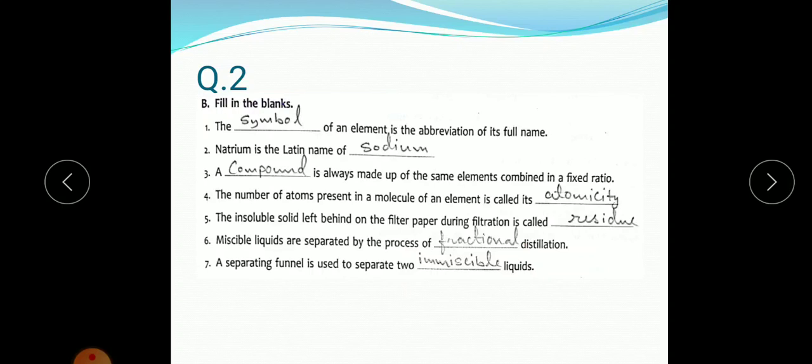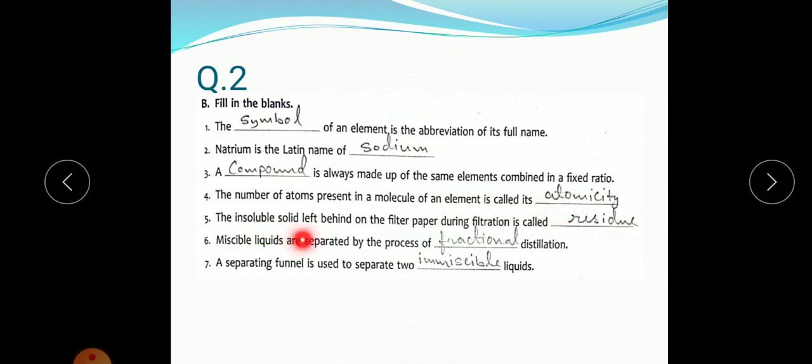Question number 2 was fill in the blanks. The first: the symbol of an element is the abbreviation of its full name. Natrium is the Latin name of sodium. A compound is always made up of the same elements combined in a fixed ratio. The number of atoms present in a molecule of an element is called its atomicity.